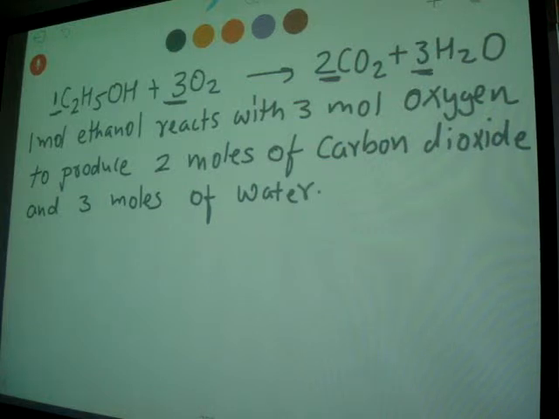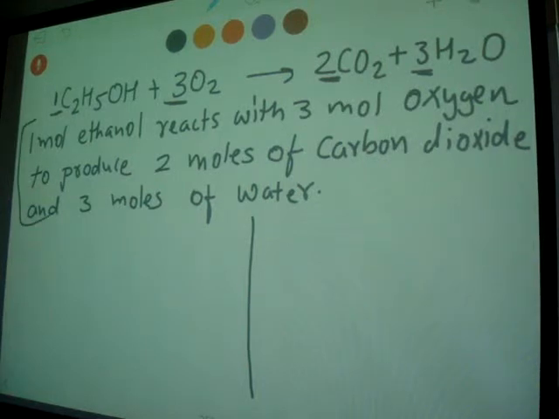Now we need to check whether this equation is balanced or not. So how do we check? I'm going to show you a little strategy, that way you can find out first whether it's balanced or not. Okay? So when you check here, you have carbon, hydrogen and oxygen, right? Those are the main elements, so we can write carbon, hydrogen and oxygen.